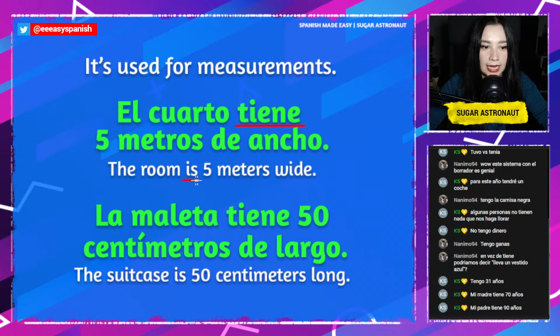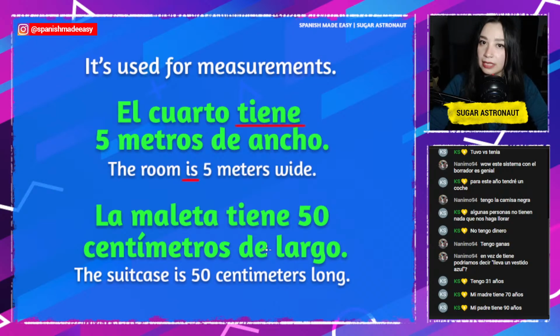And once again, in this situation, tener is similar to the English verb to be. Okay? The room is 5 meters wide. El cuarto tiene 5 metros de ancho. You could also say el cuarto es 5 metros de ancho.